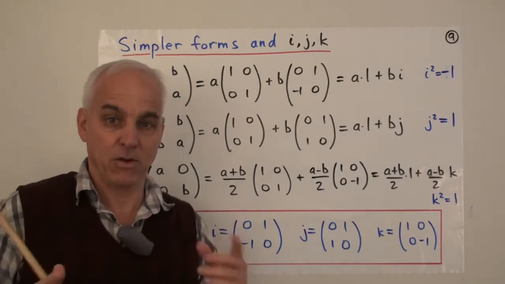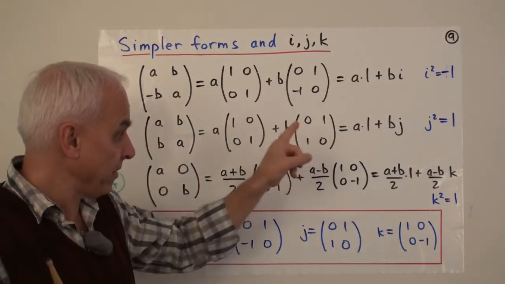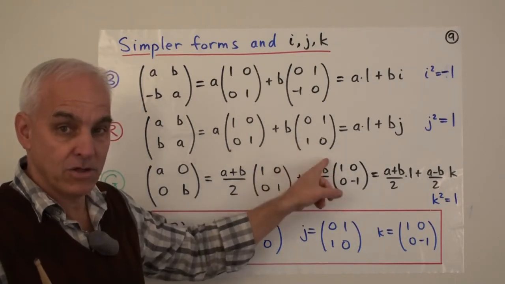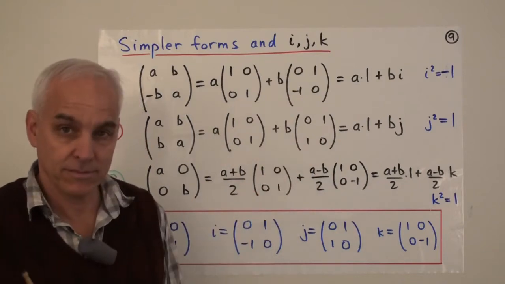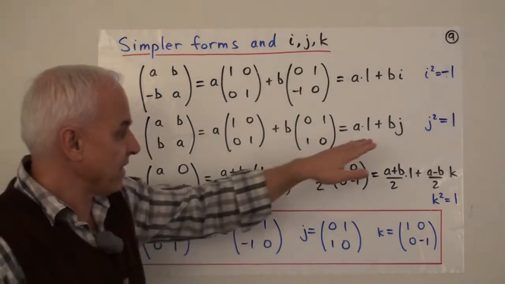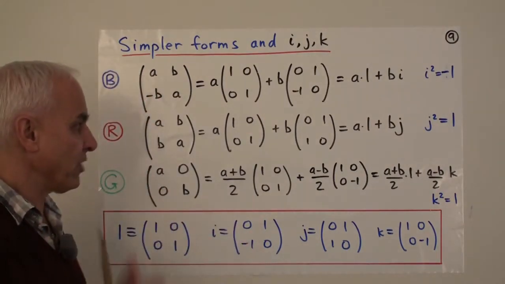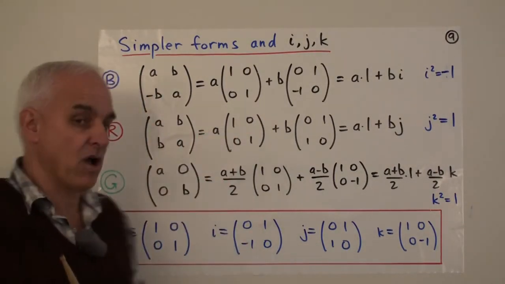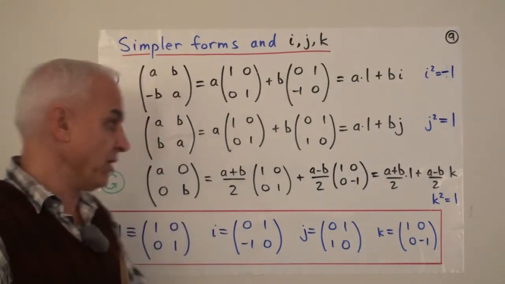Well, here I'm telling you what j really means. j is that particular 2 by 2 matrix. Nothing more, nothing less. So it gives a completely concrete, down-to-earth interpretation of the split complex numbers, or the double numbers, or the hyperbolic numbers, or whatever you want to call them.